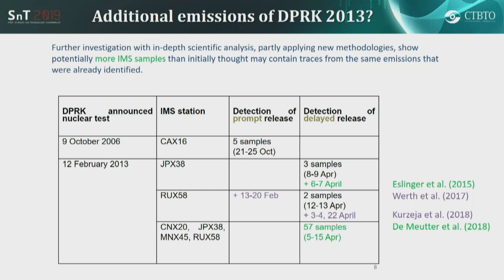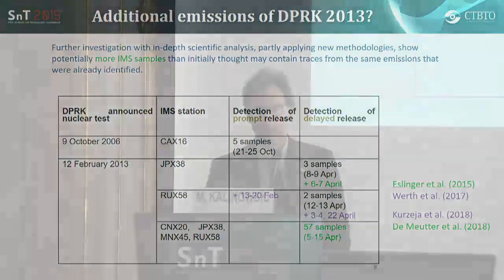And I just list them here for your information. But the most interesting, I think, is that the second test listed here, 12 February 2013, not only was detected with a delayed release, but apparently, according to one paper that studies certain data at the Rittersaal facility, could also have caused the elevated levels of concentrations from a prompt release.